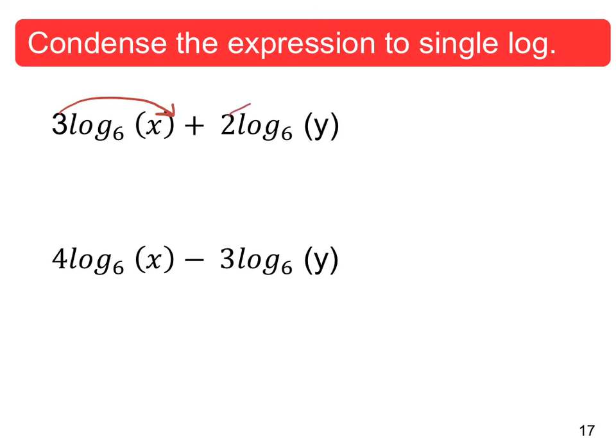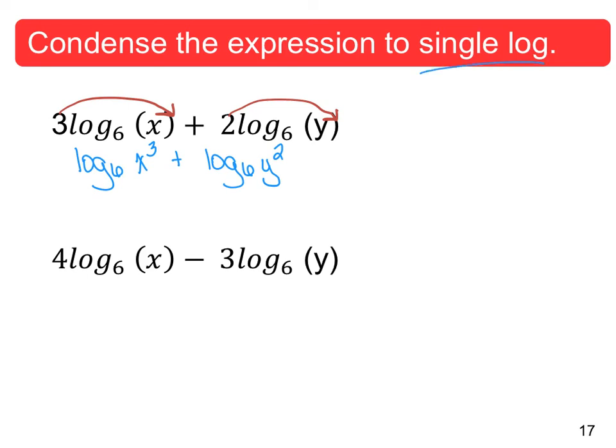Then I'm going to take this 2 and make it an exponent on that y. So I'm keeping everything else the same. I'm not writing it as a single logarithm yet. I'm dealing with the 3 and the 2. So I have log base 6 of x to the 3rd power plus log base 6 of y to the 2nd power. So now I have dealt with my exponents.